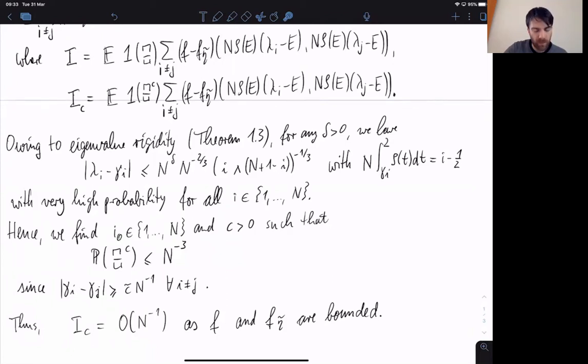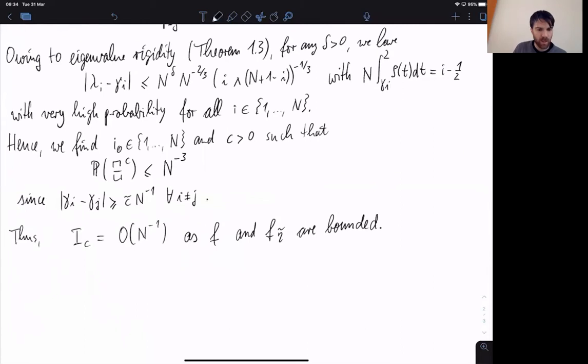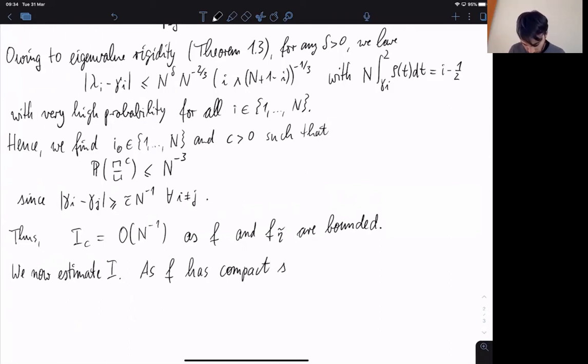Okay, so that was the first part, and now we continue with estimating the I. We use that F has compact support to decompose this difference, F minus F tilde eta, in a way that gives several terms that we can easily estimate.